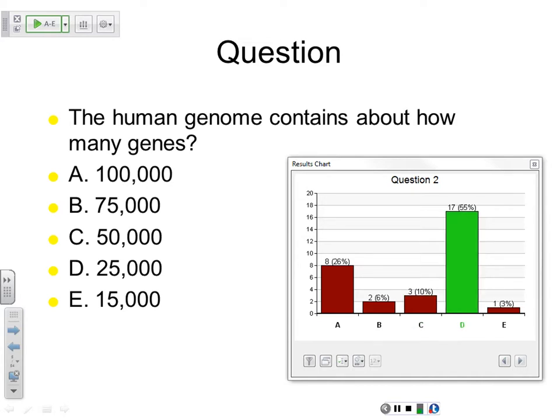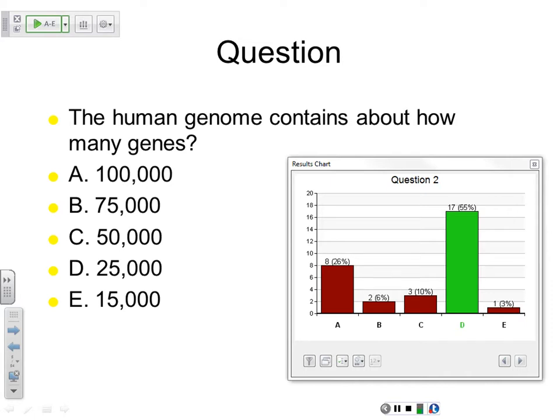So there are about 20 to 25,000 genes in the human genome. The Human Genome Project actually released this information, I think in 2003. So they had been haggling over it, trying to find out how many genes there are in the whole genetic material of the human.